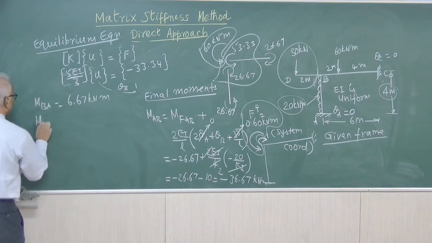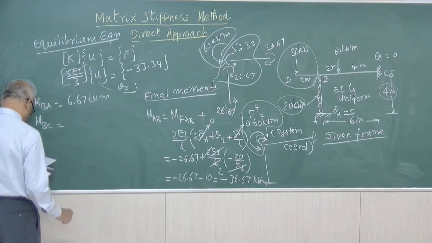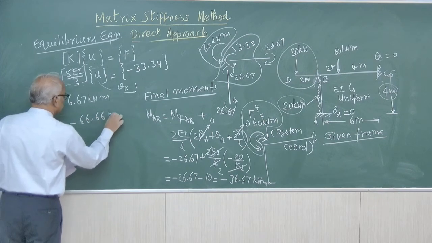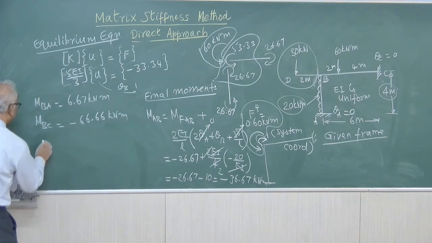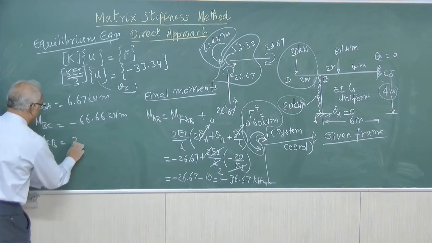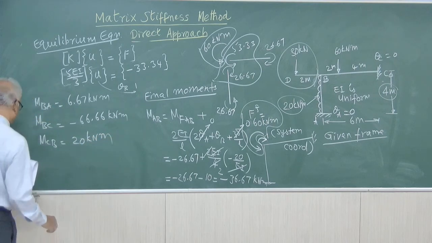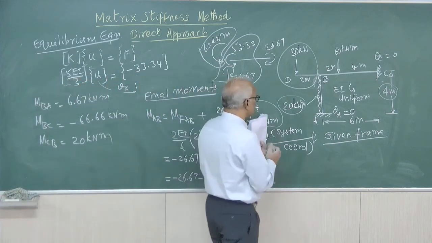Then MBC equals minus 66.66 kilonewton meter. MCB equals 20 kilonewton meter. So that's about the final moments, namely the support moments.